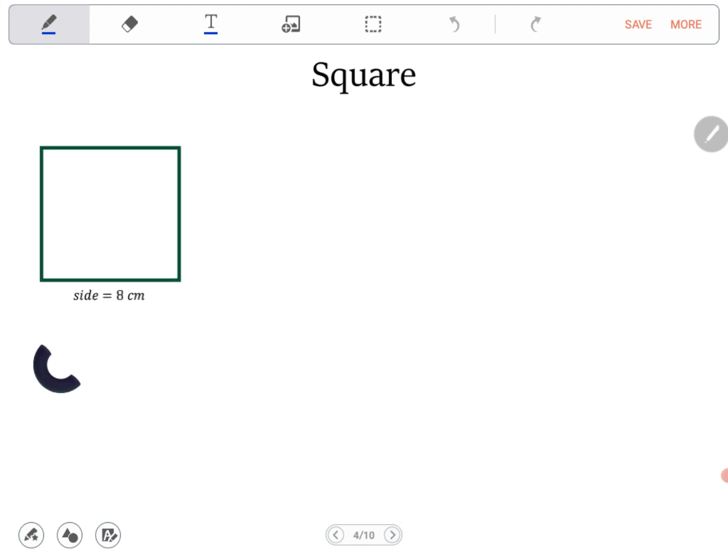Now with a square, remember the property of a square is that all sides are equal. So the perimeter of a square will be this side plus this side plus this side plus this side. There are 4 sides in total, so we simply say it's 4 times a side.